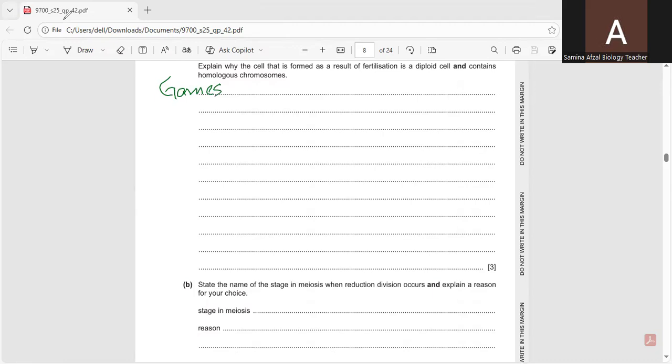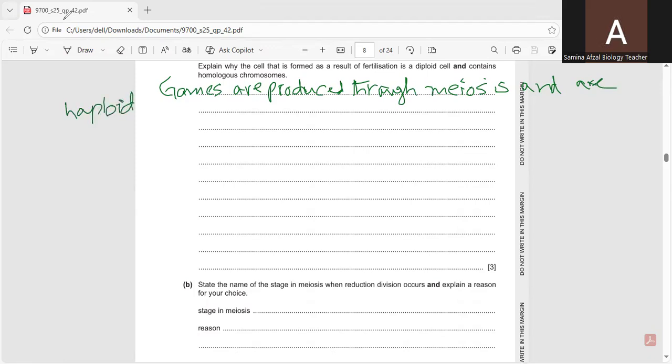Gametes are produced through meiosis and are haploid, or n.